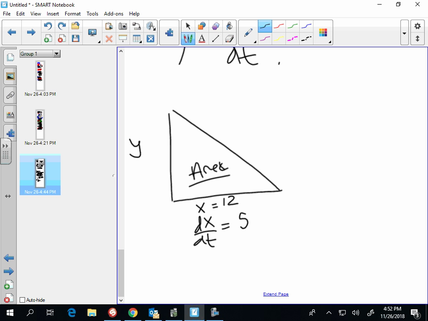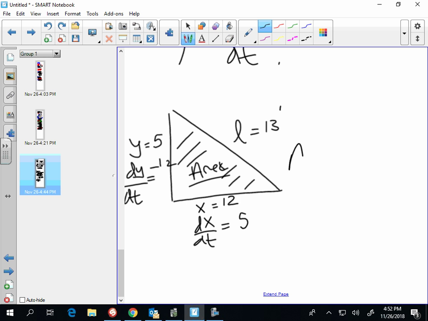We knew that y was equal to 5. We knew that the ladder was 13. And we know that dy/dt, because we just solved for it, was negative 12. So what about the area of this shape? Well, area will be 1/2 x times y.